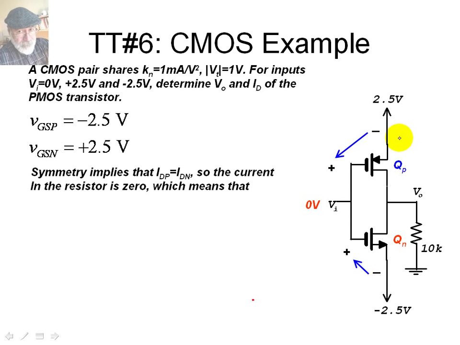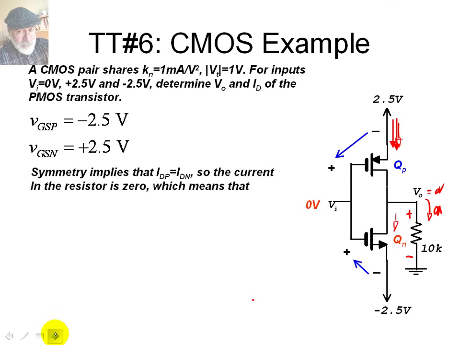So this current goes like this, and this one goes like that. And out of symmetry, those currents have exactly the same value. Okay, what is the implication? The implication is that the current in this resistor is 0 amps. But according to Ohm's law, in a resistor, the current is 0 only if this voltage is 0 volts. That is right. That is the meaning of that.